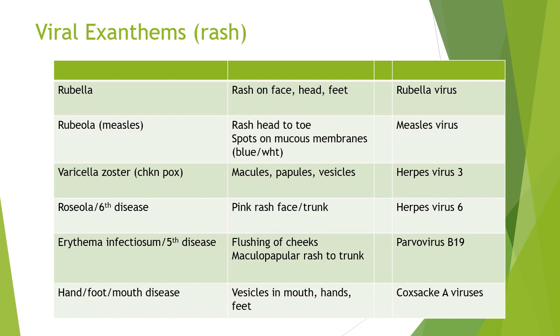These kids need to be under strict contact and droplet precautions, and the kids should be isolated. For this virus, most kids today are being immunized, so it's in the immunization series. But if they do develop it, acyclovir, which is an antiviral agent, can be used to decrease the length of the disease.